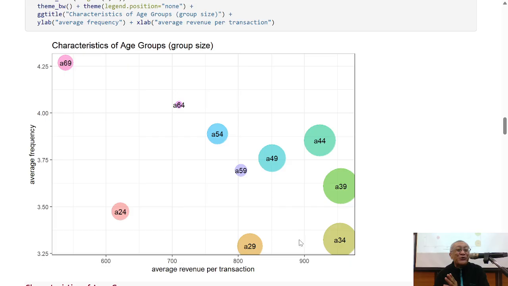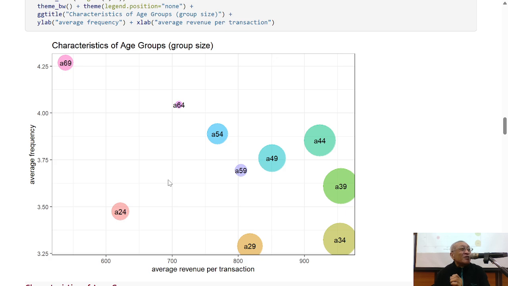So in this chart, not only can you compare the group size, the frequency and average revenue among the groups, you also can see the negative correlation in this chart, right?